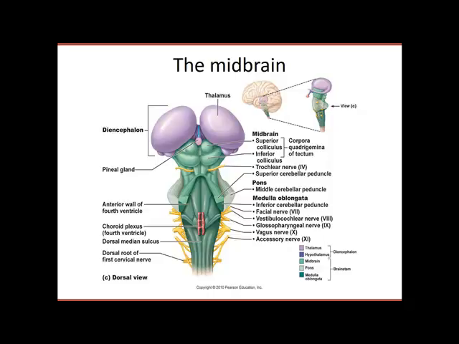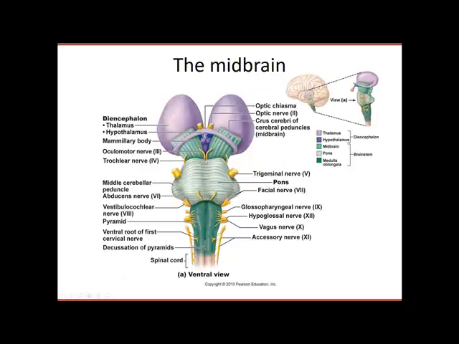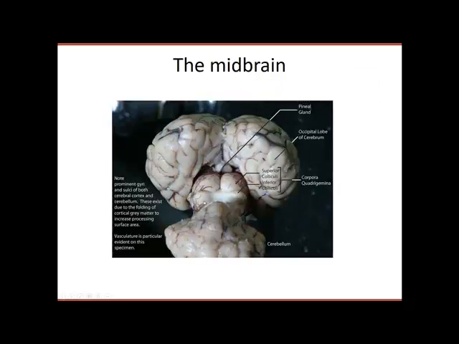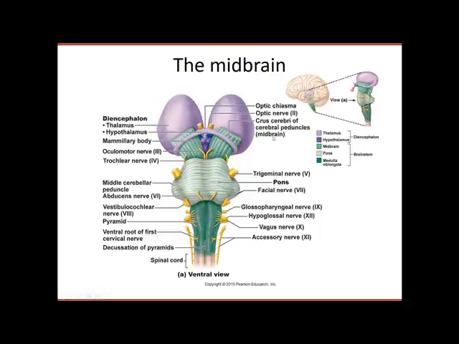When we see the midbrain, here's our midbrain, right up here in purple. Here's the diencephalon, here are the two halves of the thalamus, here's the pineal gland. Here are our superior colliculi and inferior colliculi. On this image, we can't see the thalamus because it's overshadowed by these two big cerebral hemispheres.